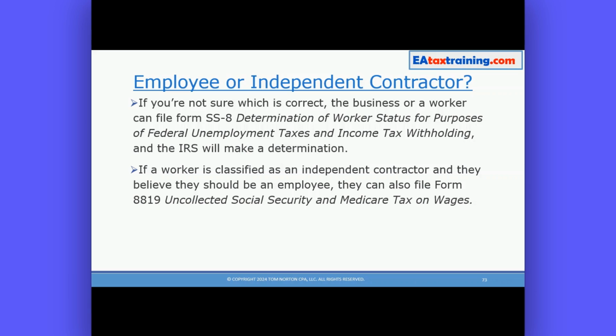The IRS will sue the employer, or sometimes it's not even the IRS, it's the Department of Labor, but some government agency will sue the employer and say, you are incorrectly calling these people independent contractors. They should be employees, and therefore, as employees, they are entitled to all of the benefits of being an employee.